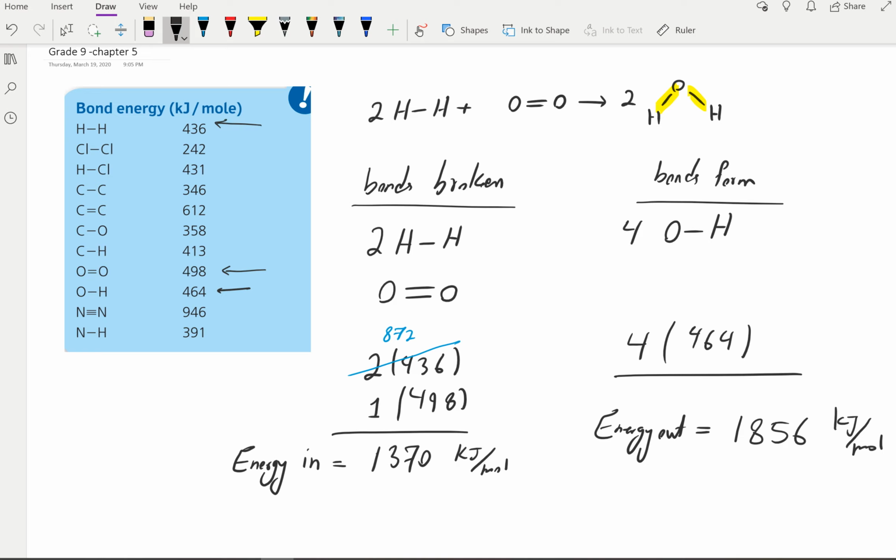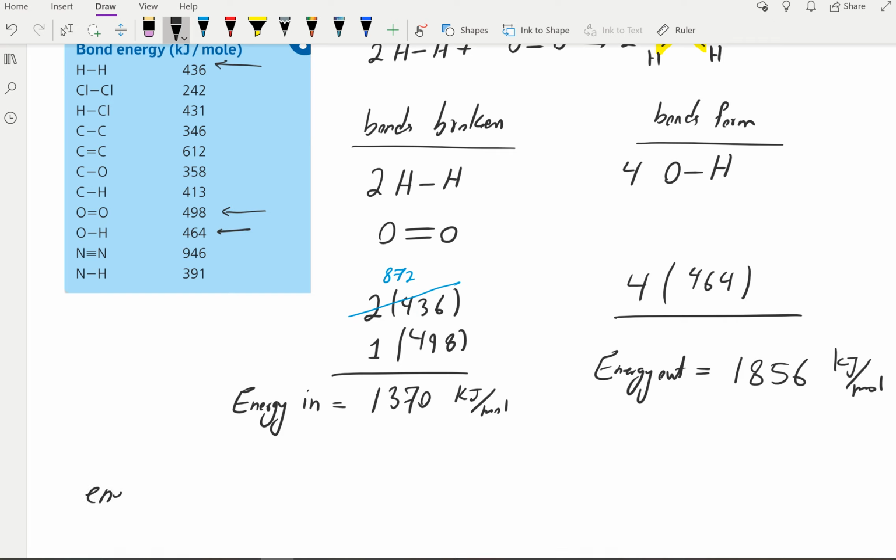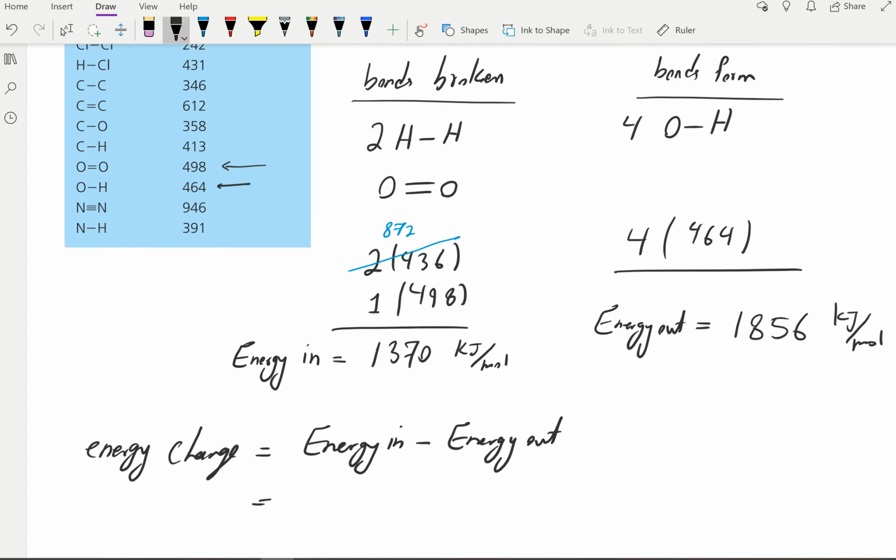out by forming the bond. So I can find the energy change for this reaction. The energy change is equal to total energy in minus total energy out. So for this reaction, the energy in is 1370 minus 1856.